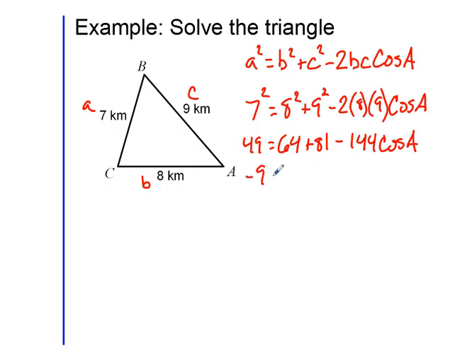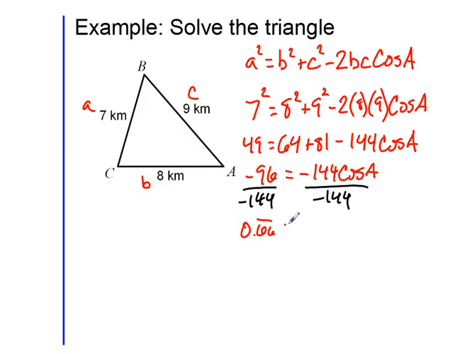I end up with negative 96 is equal to negative 144 times the cosine of angle A. Divide both sides by negative 144 to get the cosine by itself. And I end up with 0.66 repeating is equal to the cosine of angle A.